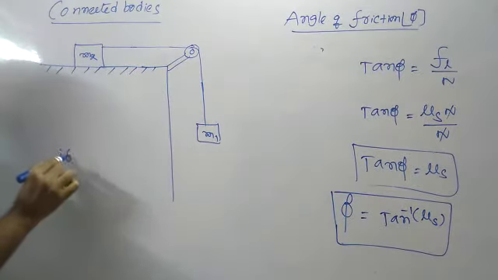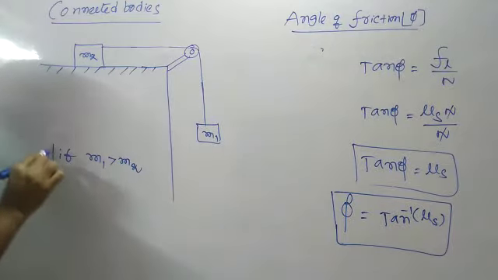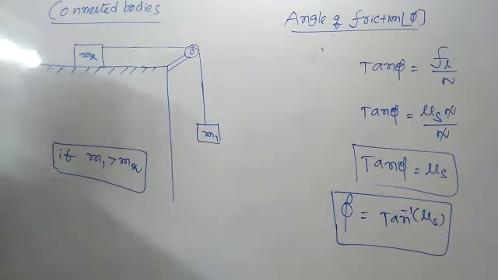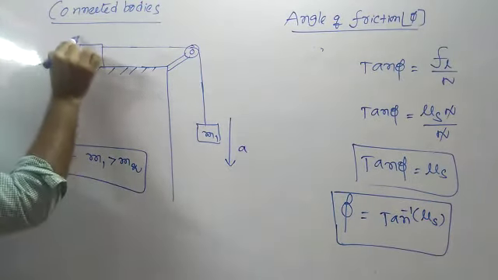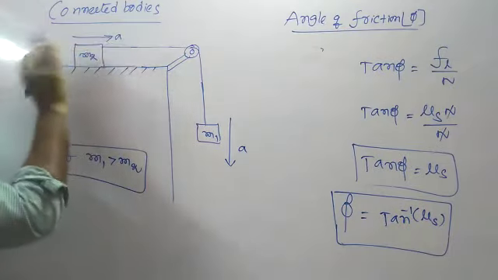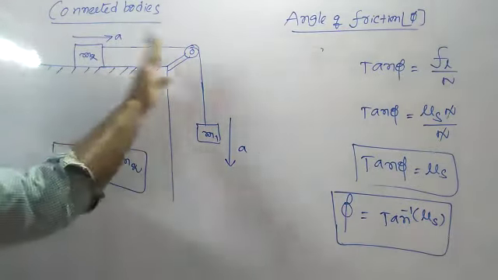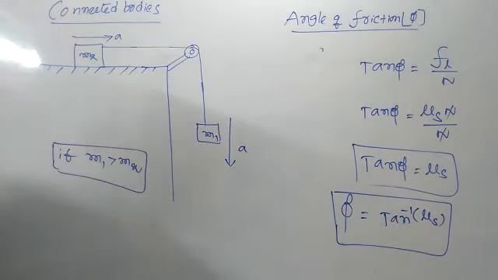If M1 is greater than M2, what happens? M1 accelerates down and M2 accelerates horizontally, sliding on the table.